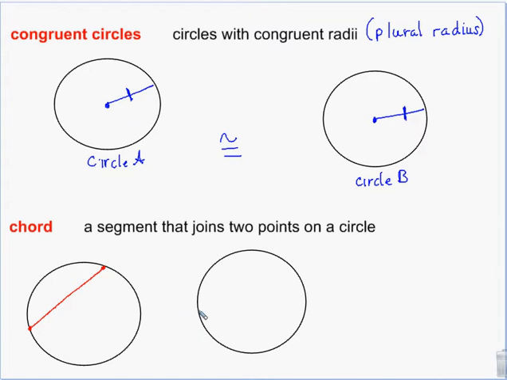We can have a chord that goes straight through the center of the circle, which has a special name that we'll talk about in a second, that you probably already know. So it's any segment that joins 2 points on the circle. It can be really small. Take 2 points on the circle, connect the dots, you have a chord.